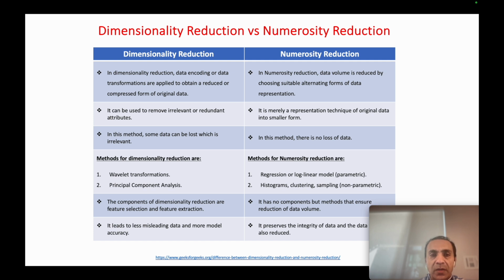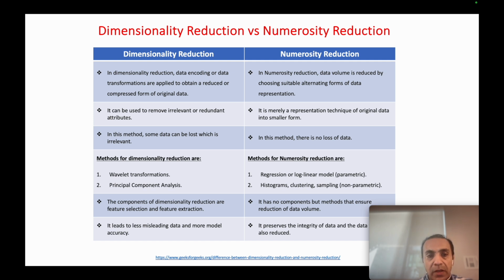Dimensionality reduction can be used to remove irrelevant or redundant attributes, and numerosity reduction is a representation technique of the original data into a smaller form. In dimensionality reduction, some data can be lost which is irrelevant. However, in numerosity reduction, there is no loss of data.